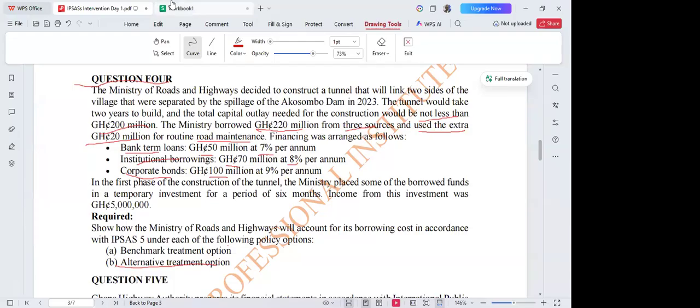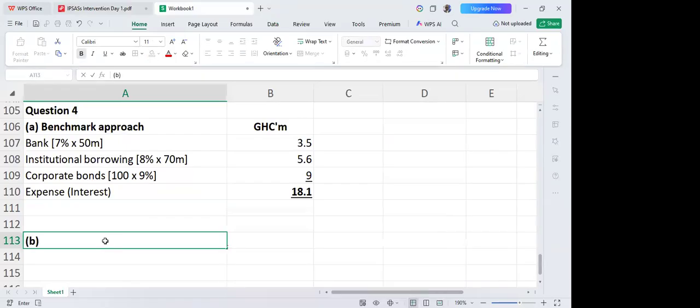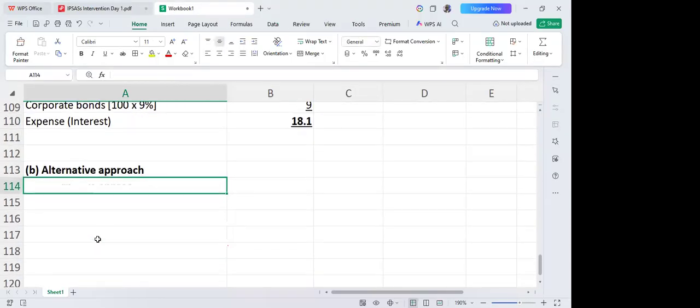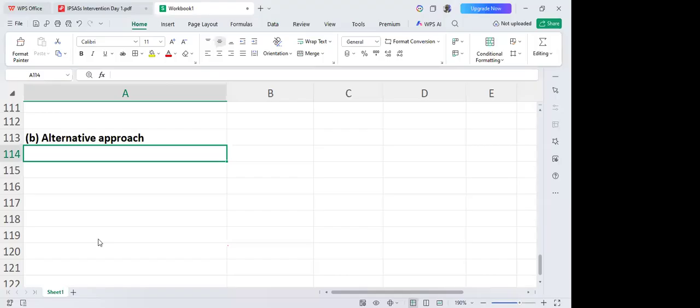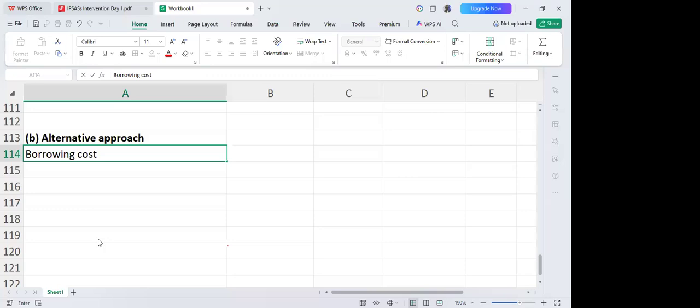But before you zoom into this, let's go to some specific formulas. Let's look at specific borrowing. How do we get the borrowing costs? Does anyone remember? How do you get a borrowing cost?